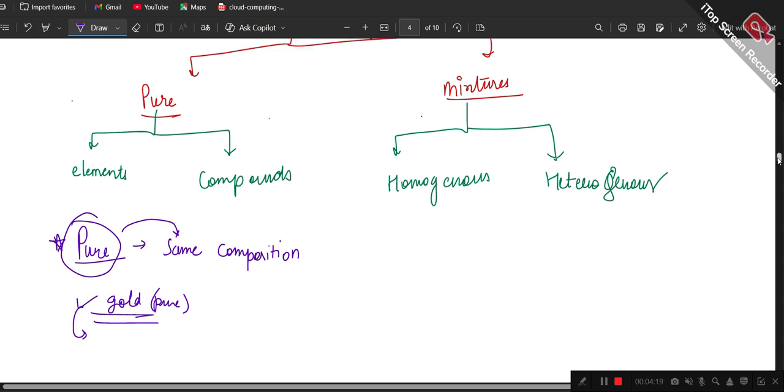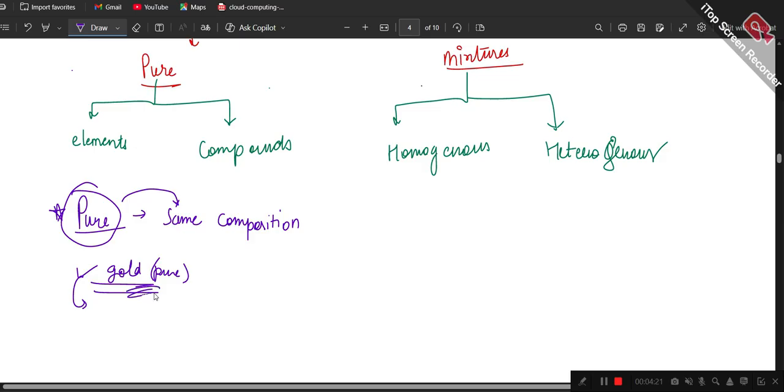It is a mixed metal, but I'm talking about the pure one. So the whole of it is going to be made up of Au particles only.